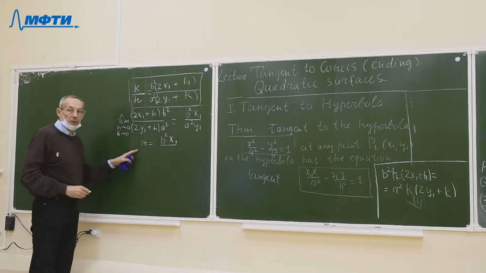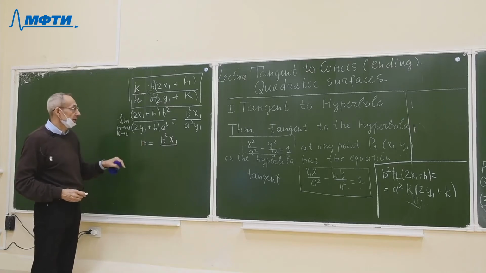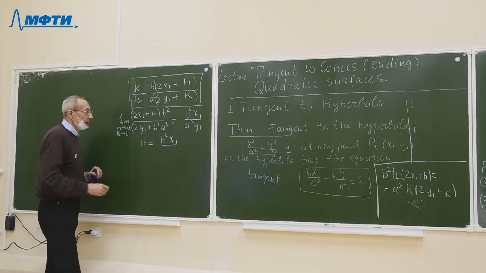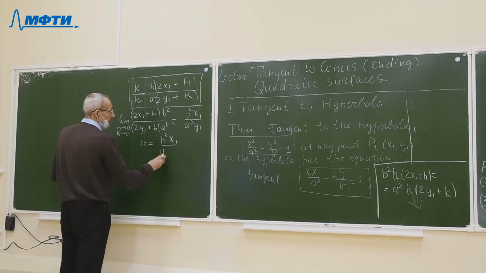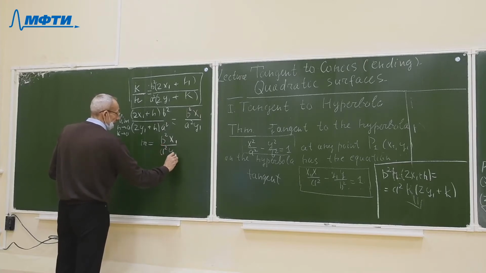The slope of our tangent is equal to b square x1 divided by a square y1.